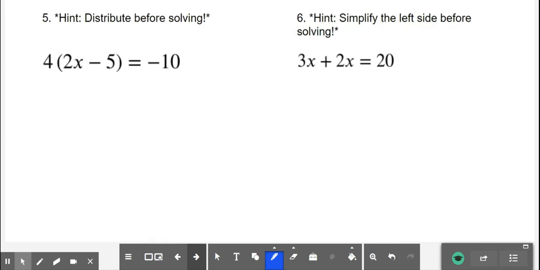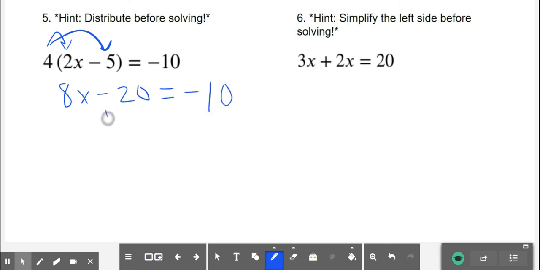The last two, we have a little bit different. The number 5, we have parentheses. So before we start solving this, we will distribute the 4 to get 8x minus 20 equals -10. Then we solve it the same way we did the rest.